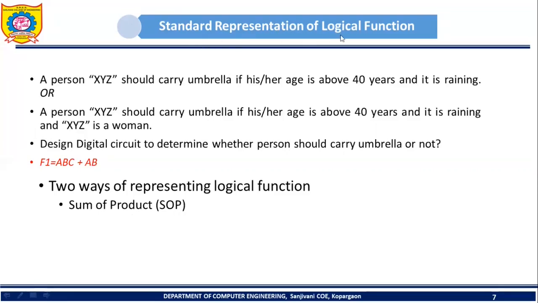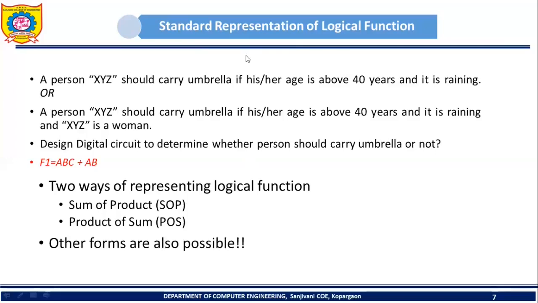The second standard way of representing a logical function is product of sum, in short called POS. Other forms of representation are also possible, but we are going to discuss these two.